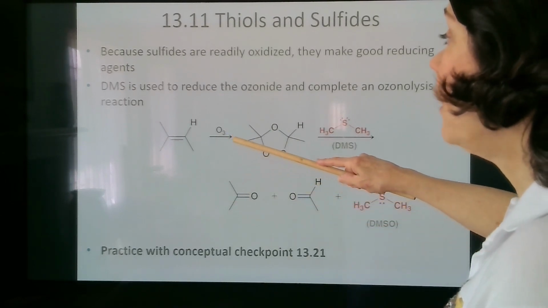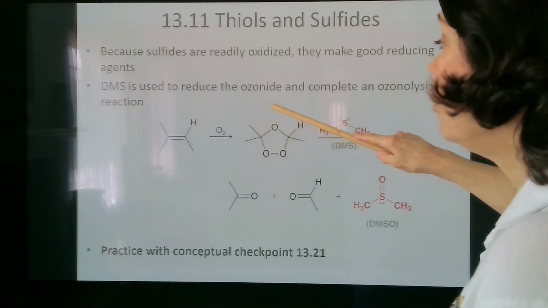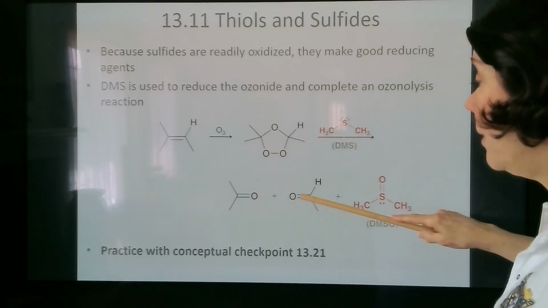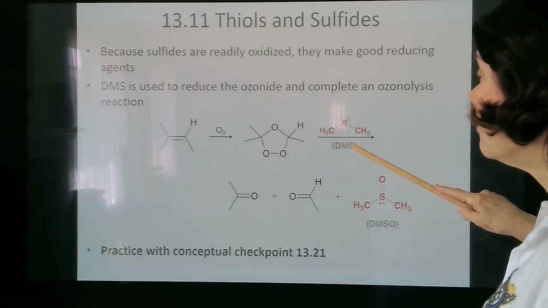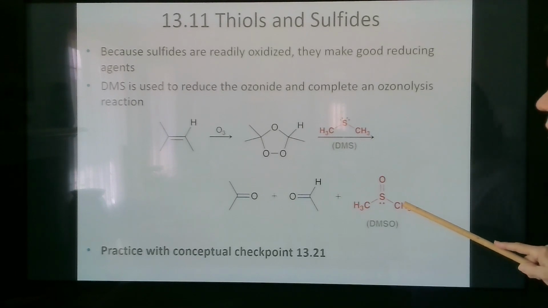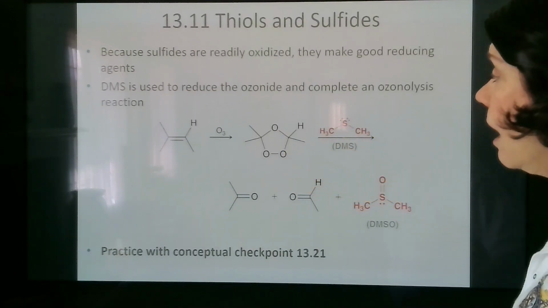Because the sulfides are readily oxidized, they make good reducing agents. That's why DMS is used to reduce the ozonide to the carbonyls. And the dimethyl sulfide is converted to dimethyl sulfoxide because the sulfur picks up one of the oxygens.